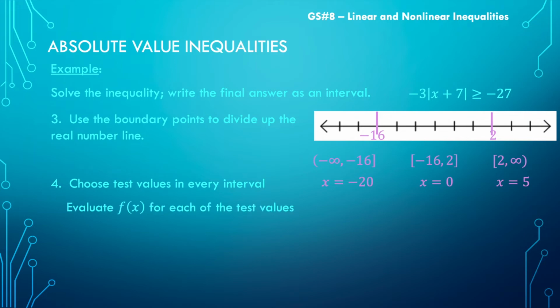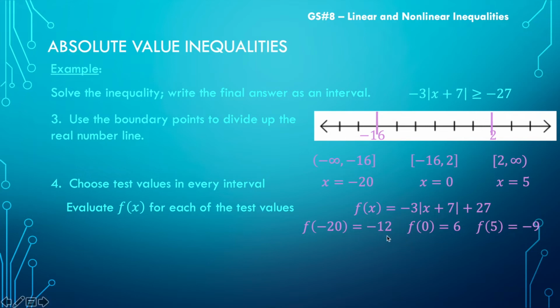I didn't use p of x here any longer because it's not a polynomial function. Our f of x is -3 times the absolute value of x plus 7, plus 27. If I evaluate each of those test values, I get these outputs: f of -20 is -12, f of 0 is 6, and f of 5 is equal to -9.